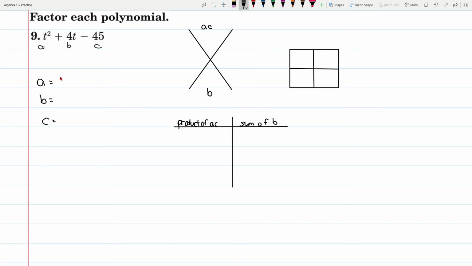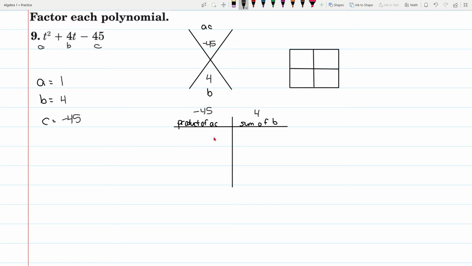As we go through, A here is 1, and that's going to be the case with all the problems in this lesson. Our B is 4, and our C is negative 45. With this Xbox, we're looking for a product of A and C, which is negative 45, that adds up to a sum of B, which is 4.